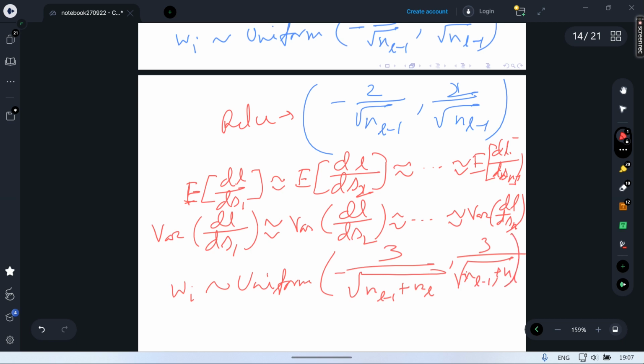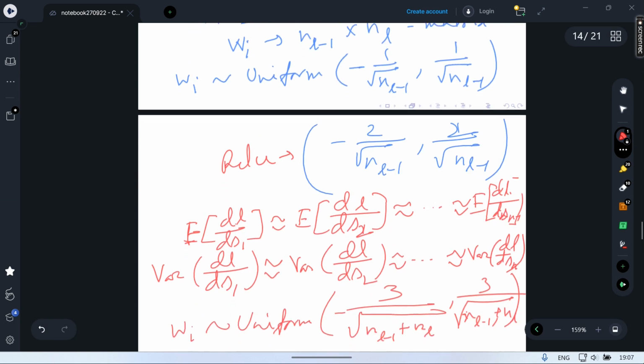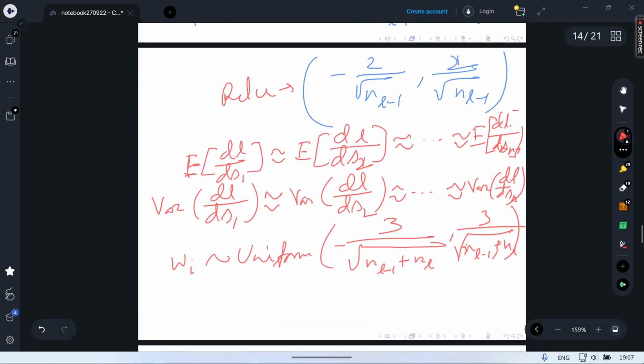So you will get such kind of initialization. If you impose this kind of constraint, that the distribution of your signal remains almost the same during both forward and backward propagation, then if you initialize in this way, those constraints can be satisfied.